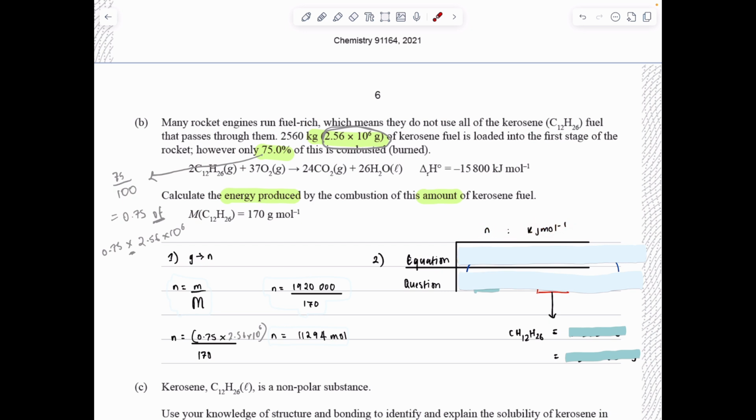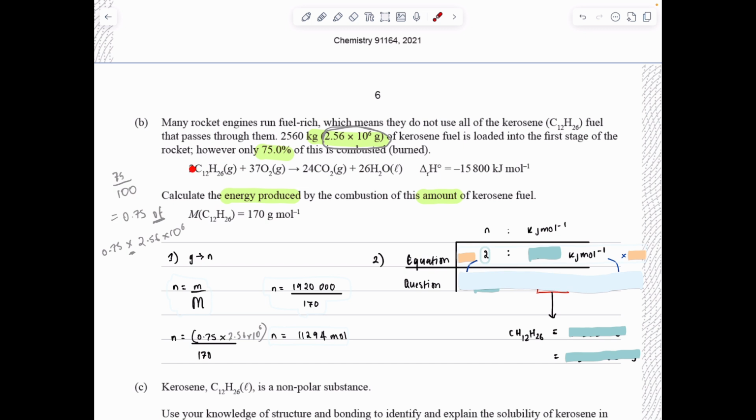In the equation, how many moles of kerosene are used? This is kerosene over here. How do you know? Look at the big number in front of this. It's 2. So 2 moles is used in the equation.